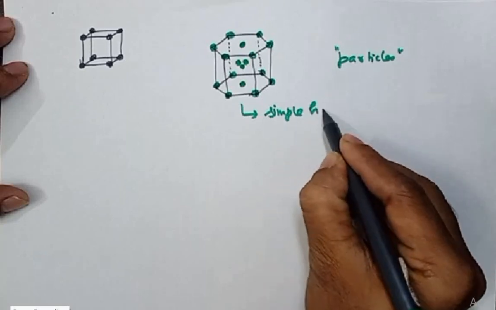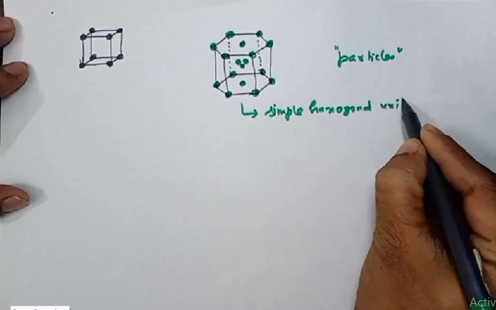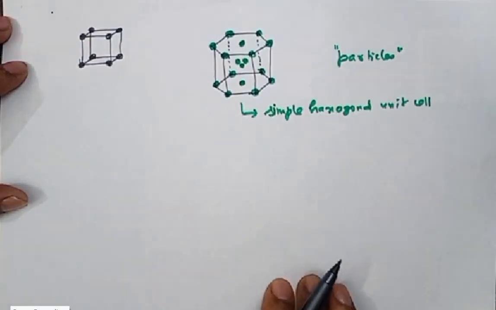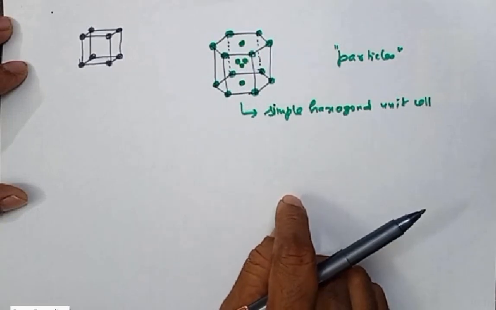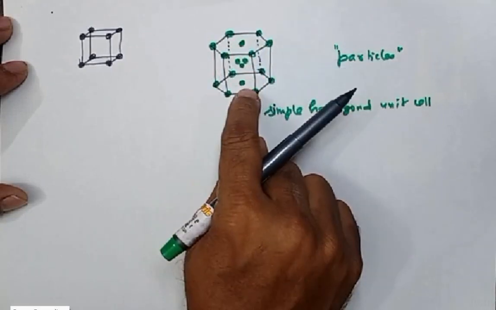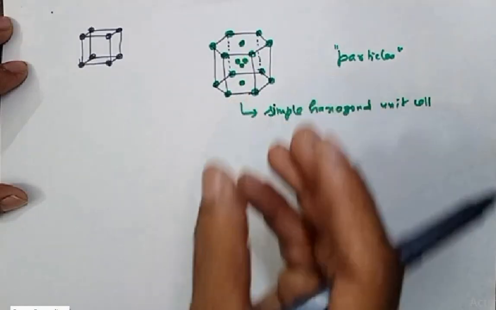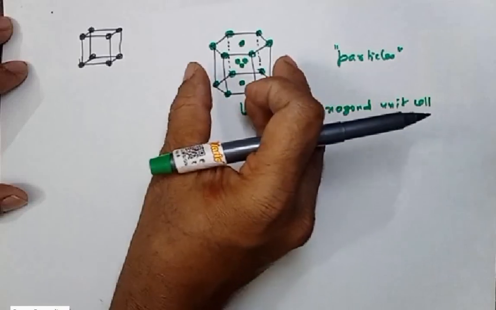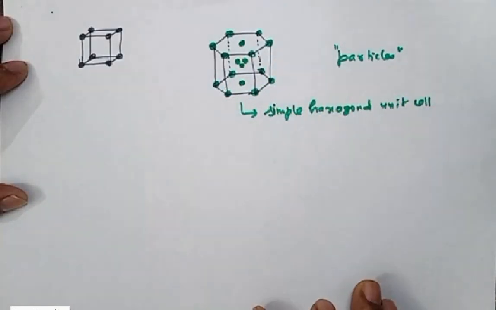See here, atoms are not only present at the corners, they are also present at the face centers as well as body centers, or inside the body, right? And this unit cell is called a simple hexagonal unit cell. Keep this in mind, very important.